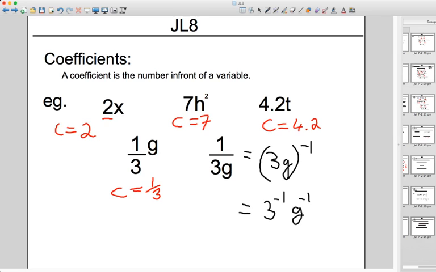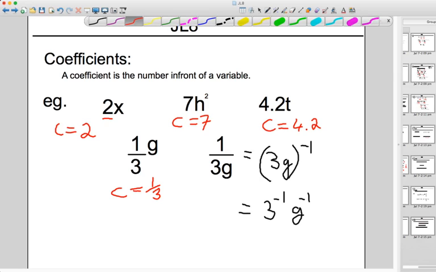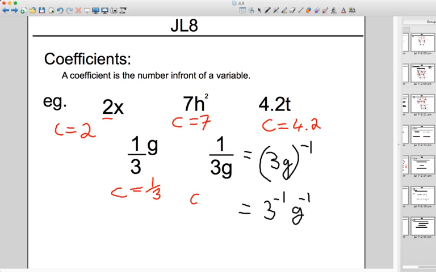Well, that is true what I've said there. No mathematician could argue against that. But I think the safest thing to say is that the coefficient here is actually 3, because it's the number in front of the g, if that makes any sense. Although, technically speaking, what I've written there is also true, due to reciprocal laws.